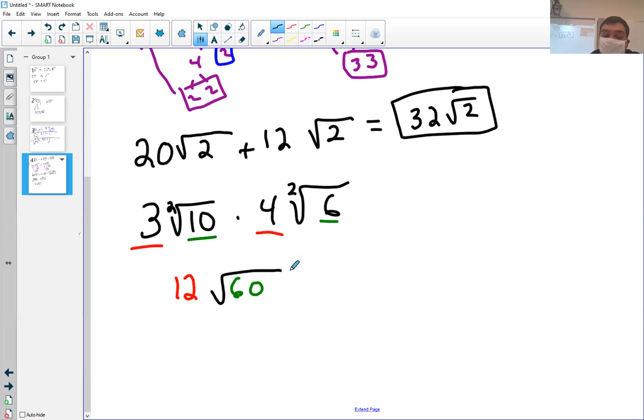Because the instructions for this set would say simplify, we're not necessarily done simplifying. Again, we're going to have to break this down to see if we can simplify it. 6, 10. By the way, you already know the factors because you just multiplied to it. 5, 2. 3, 2.